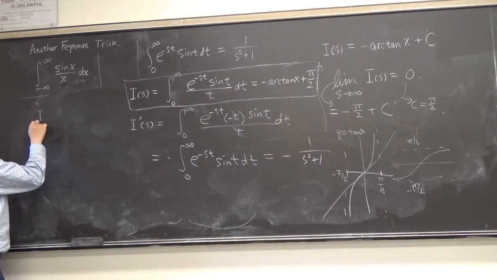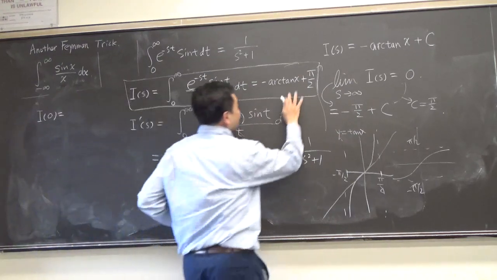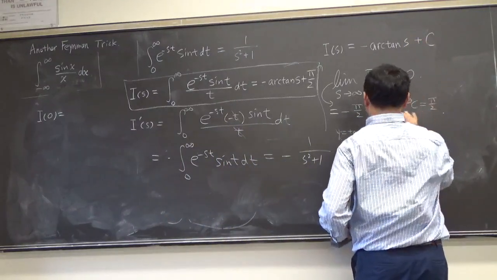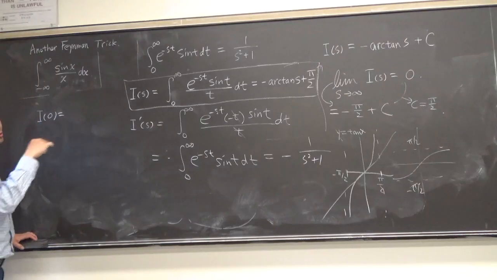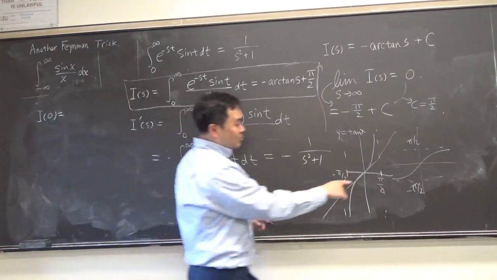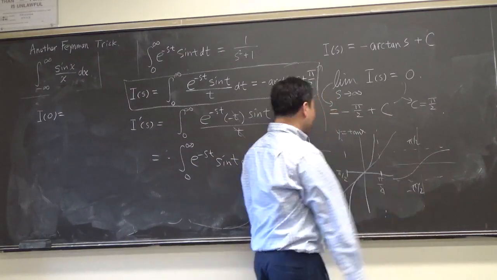So I of 0 is what? Oh, not x, sorry, it should be s. I kept using x there. If you plug in 0 for s, what's arctangent of 0? 0.